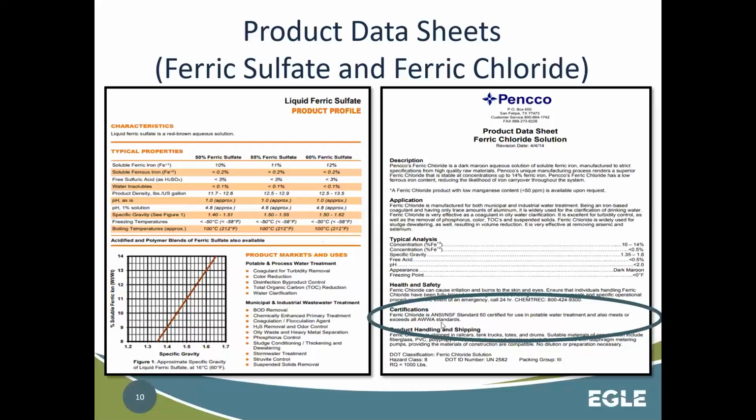This is important. Sometimes it's on the product sheet, sometimes you'll see it on the container itself, but it's important to always make sure that you have documentation and that it's clear that whatever product you're feeding to the water has the NSF standard 60 certification.